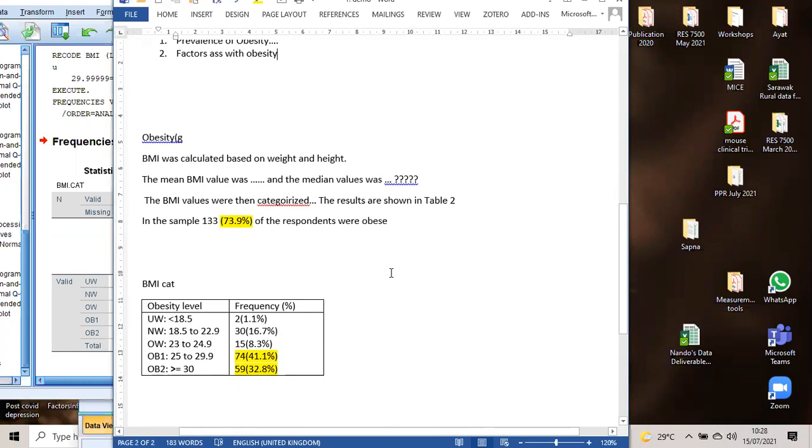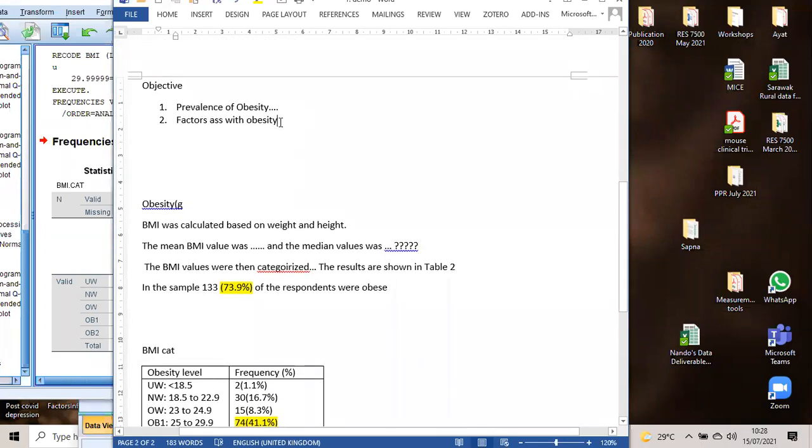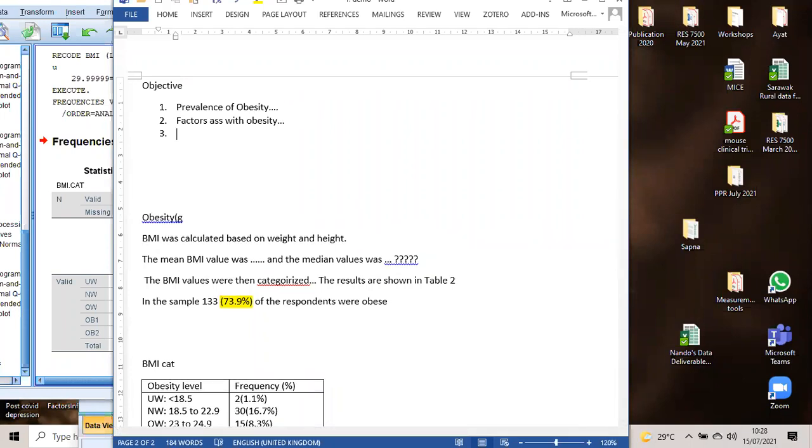Your second objective will be factors associated with obesity, using demographic variables. Third, what you said just now: the association between mental health and obesity.